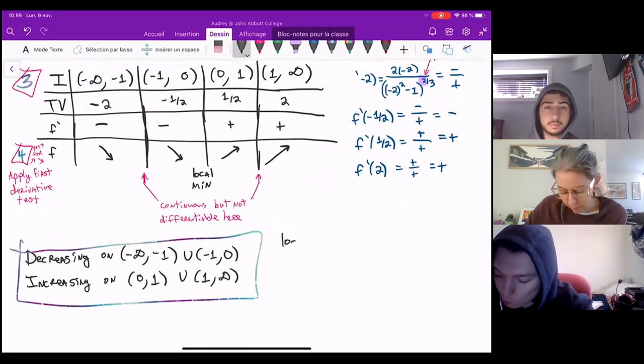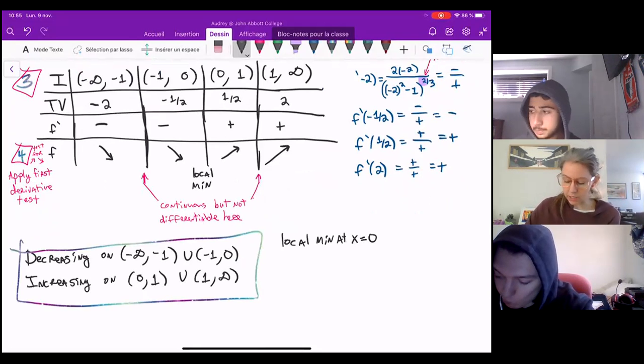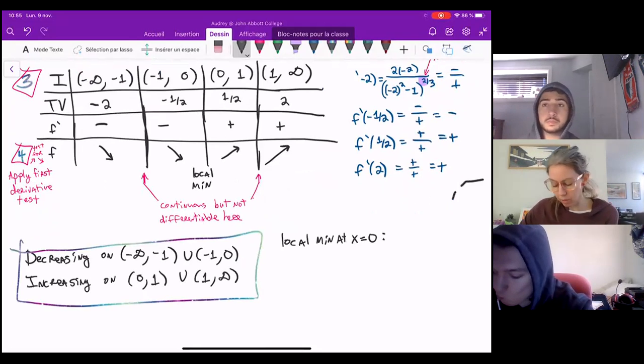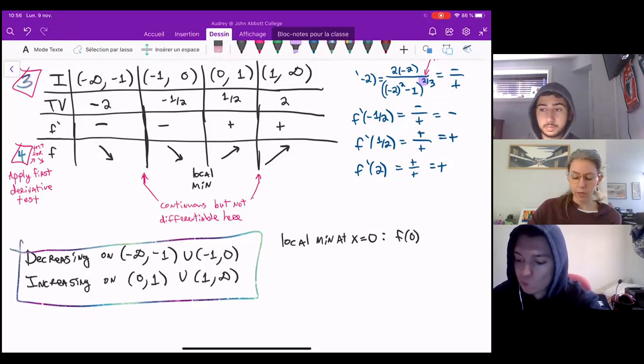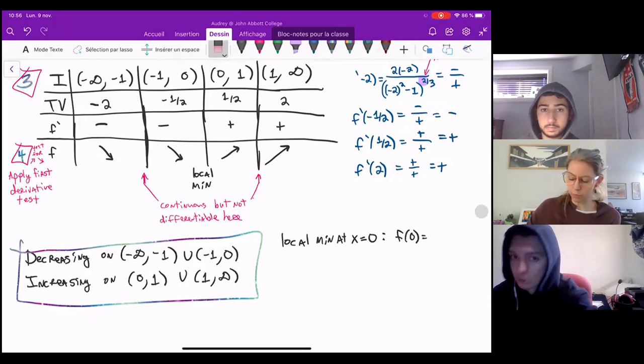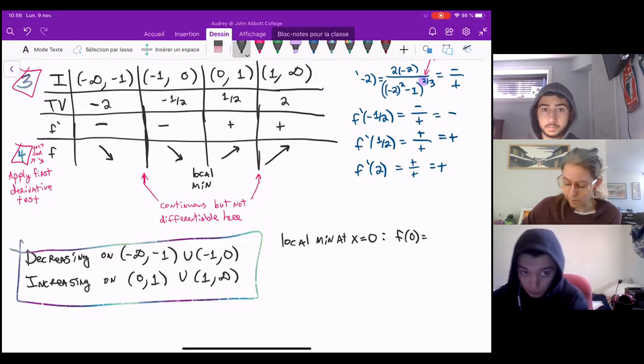Then I have a local min at x equal to 0, but remember we need to plug that value into the original function to get the y value. So that is 3 times the cubed root of 0 squared minus 1.